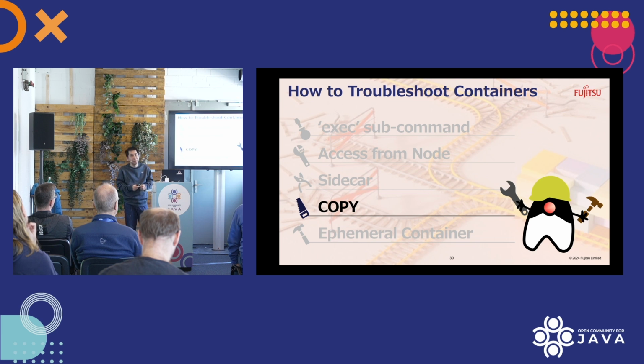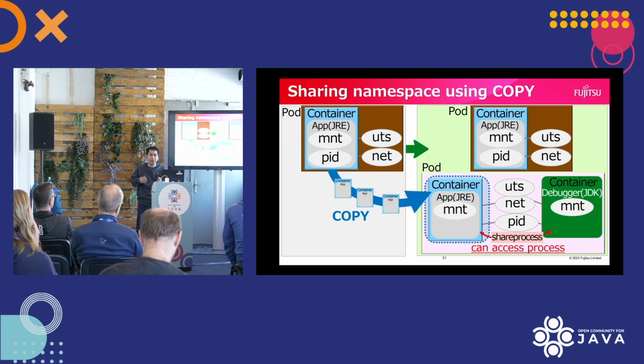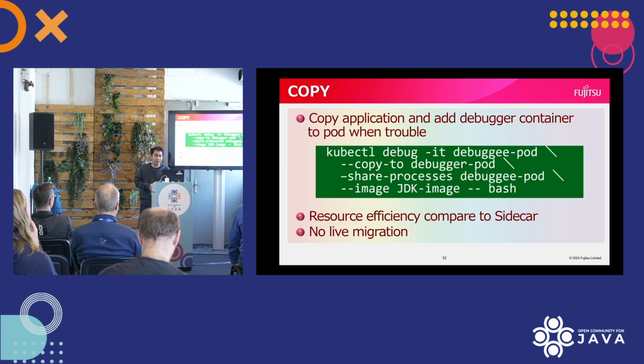So the next method is the copy method. The left hand shows the existing pod running the application container with JRE. And when an issue happens in this container, you can create a new pod by using this command, kubectl debug with the --copy-to option.